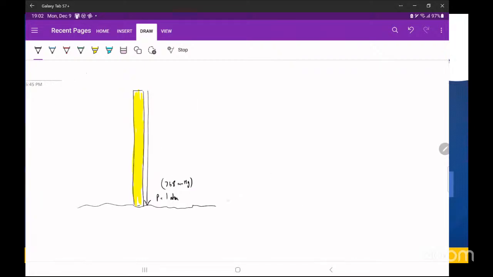Now consider there is a mountain over here and you climb this mountain. Once you climb it and reach this point, the column of air above you is exerting a partial pressure at this point.